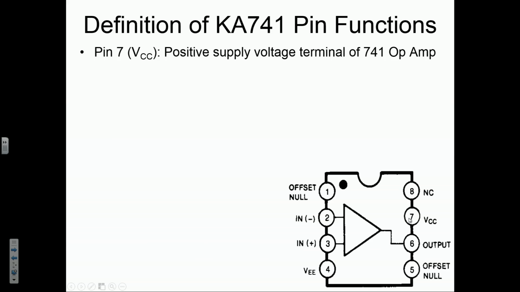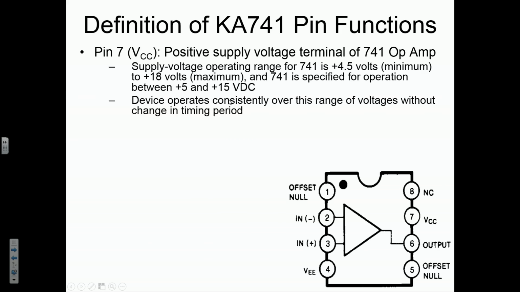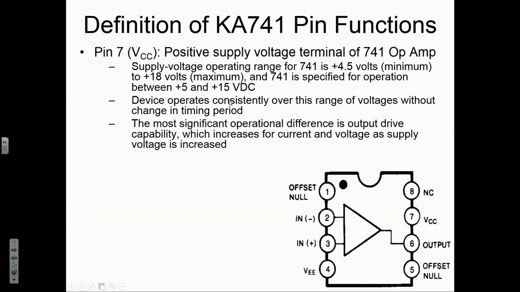Pin 7 is the positive supply voltage, and it's rated almost exactly the same but opposite of the negative supply voltage, from positive 4.5 volts up to 18, but again the operating specs are between 5 and 15 volts. The device operates consistently over this range of voltages without changing the timing period. So that's why they spec it out from 5 to 15.